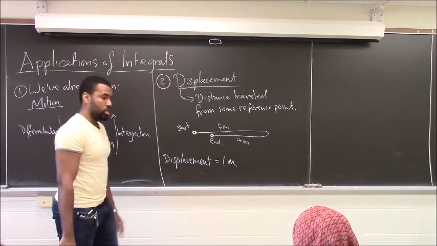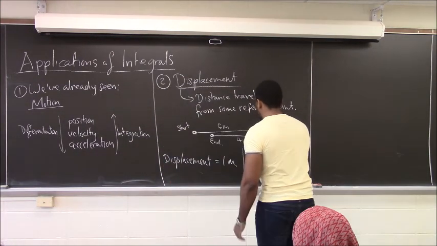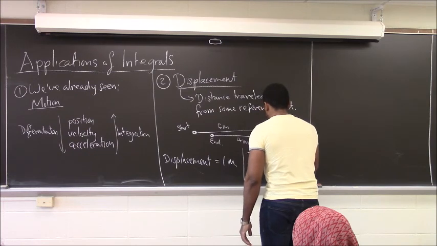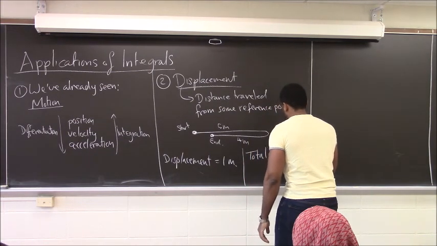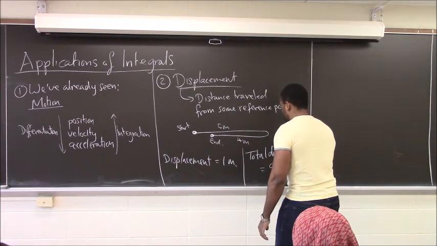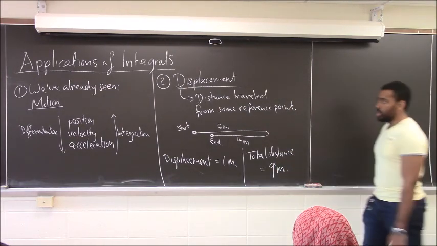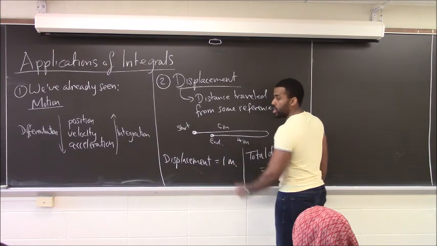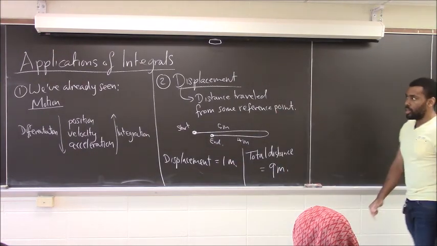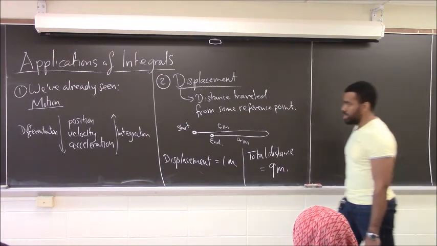However, the total distance you traveled is actually 9 meters. You travel 9 meters in total, but if we take into account how far you are from where you started, the answer is 1. So that's the difference between displacement and distance traveled.